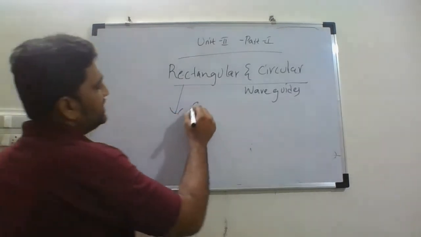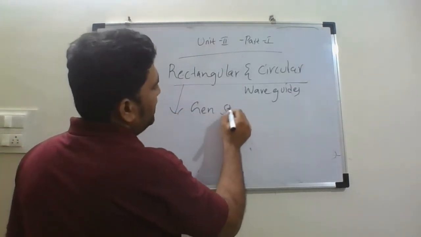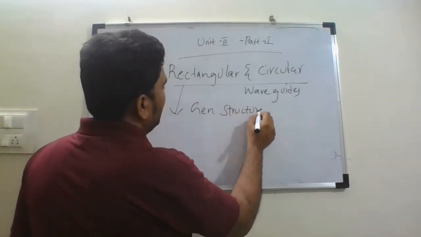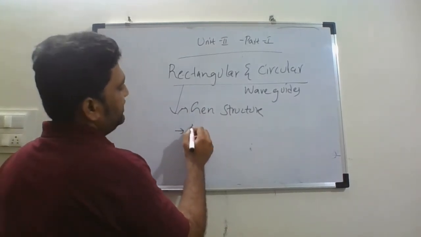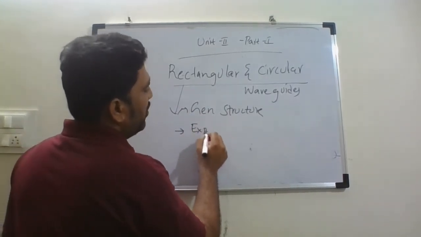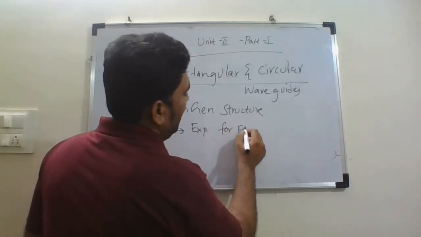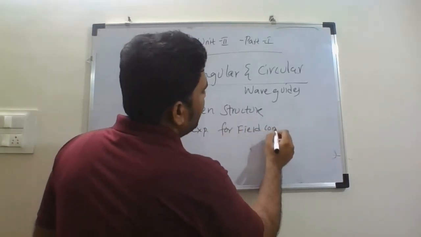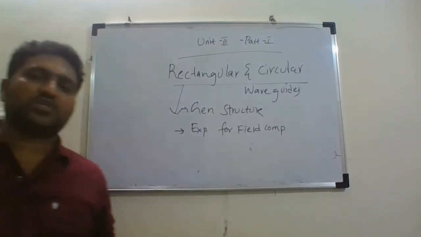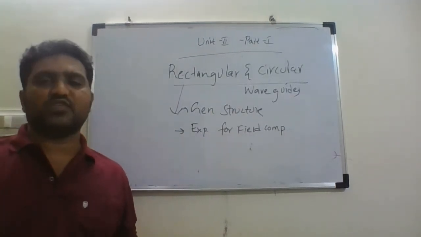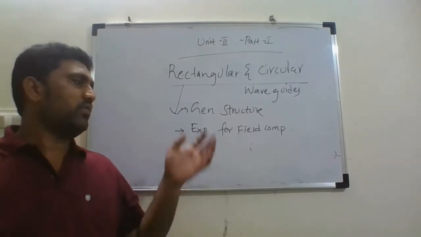Firstly we will be discussing the general structure, how the waveguide is constructed. Then we will be deriving the expressions for field components. Inside the waveguides, what components of the fields exist and what are their values, we will derive that.